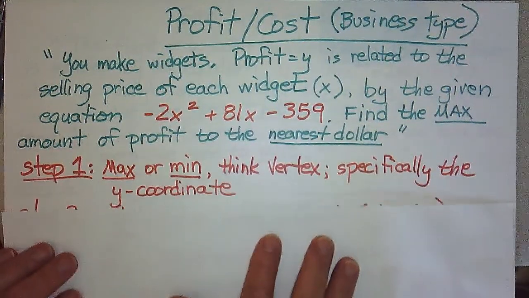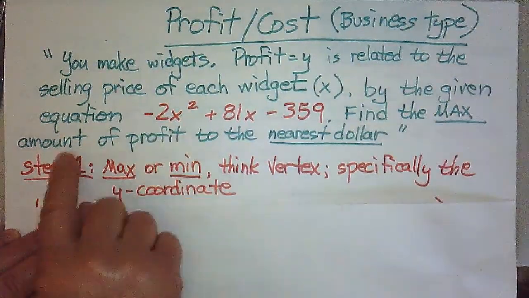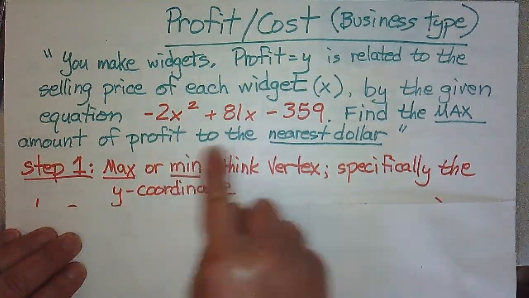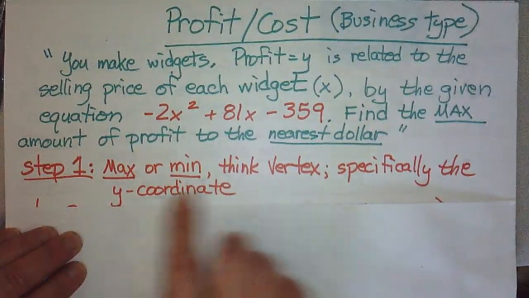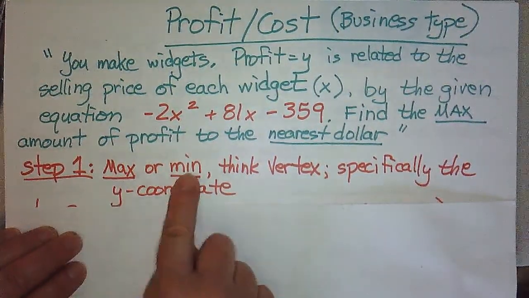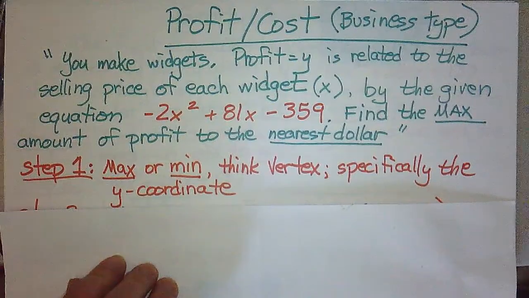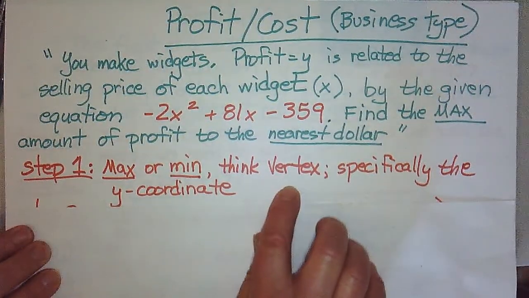So obviously, step 1, here's the question, find the max amount of profit to the nearest dollar. And so now you need to put on your thinking cap and remember that the max or min of a quadratic function is contained in the vertex.